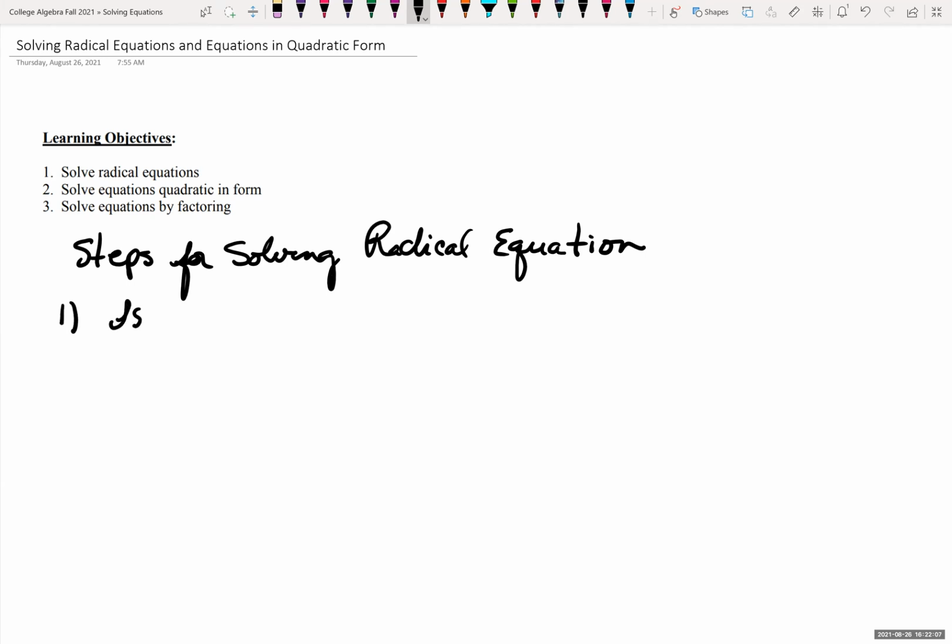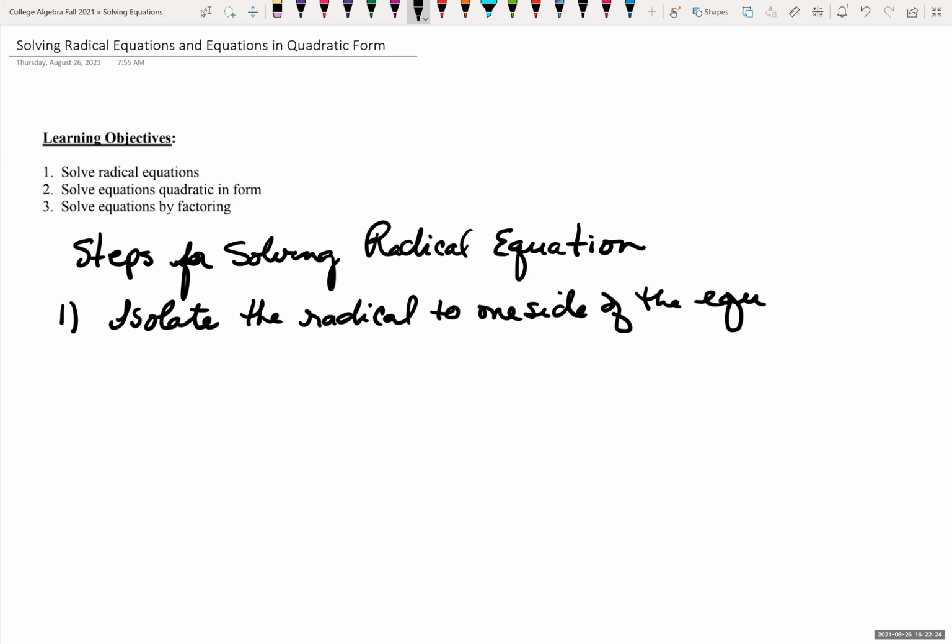So isolate the radical to one side of the equation. And again, if there's more than one radical, then we're going to just isolate one.